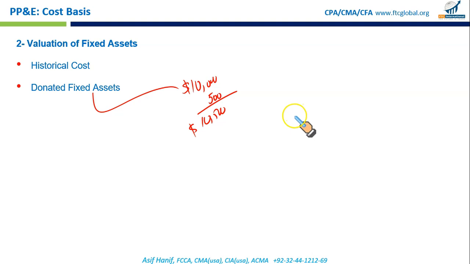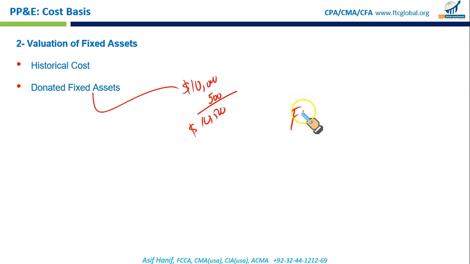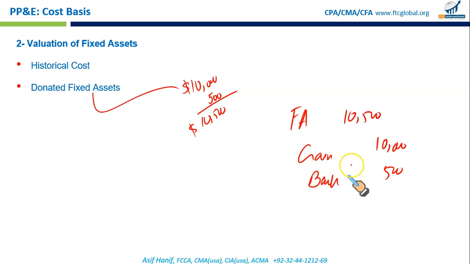So we will debit the fixed asset with $10,500. This $10,000 original fair value we report as a gain on non-reciprocal transfer. So this is reported as a part of your income statement as a gain, and the remaining $500 which you paid, in fact, becomes part of the cost of the asset.